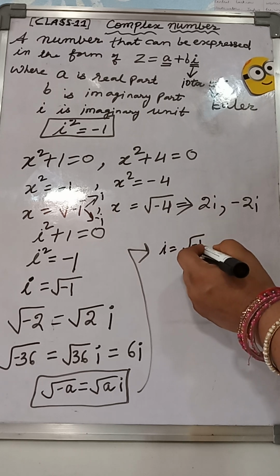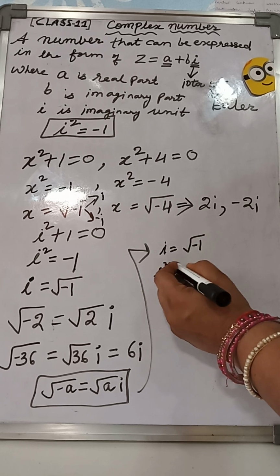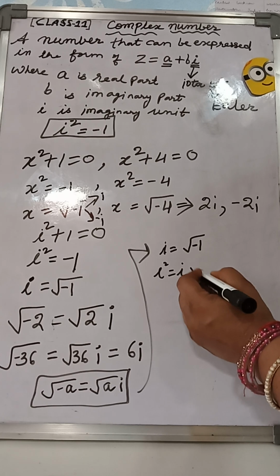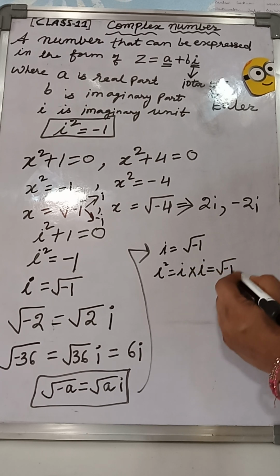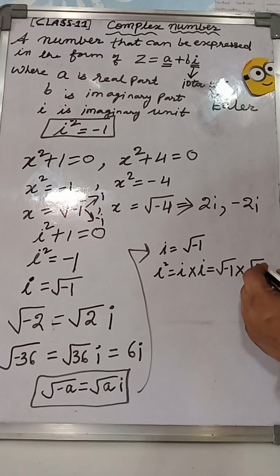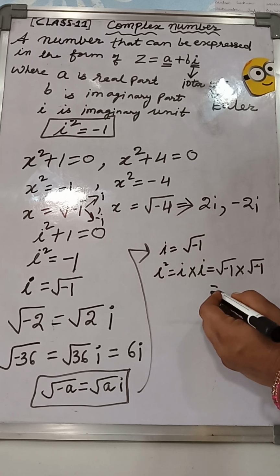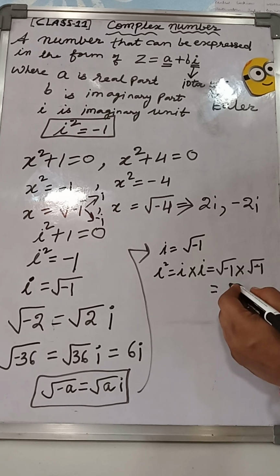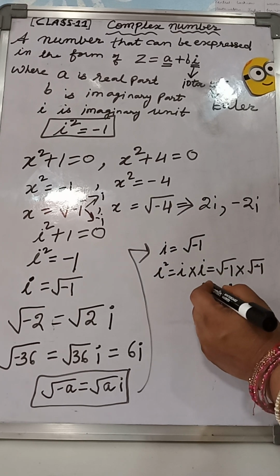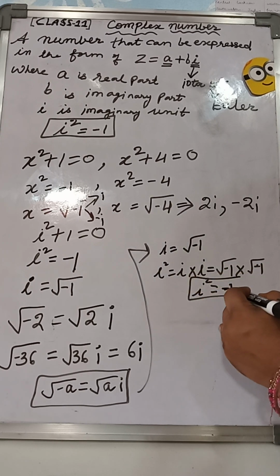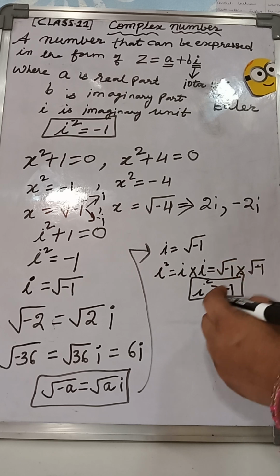See, some important integral powers of iota. We know that iota is equal to root of minus 1, and iota square means iota into iota is equal to root minus 1 into root minus 1, root and root cancel, so minus 1. So iota square is minus 1.